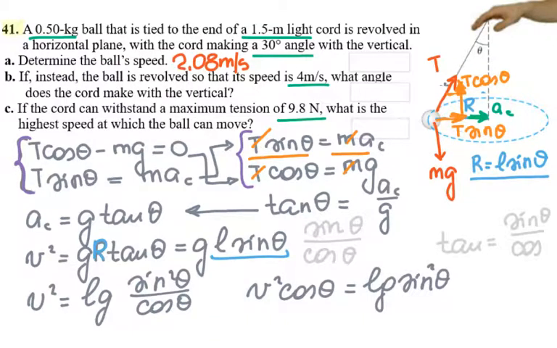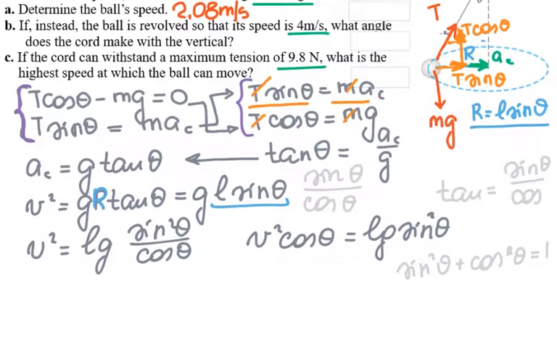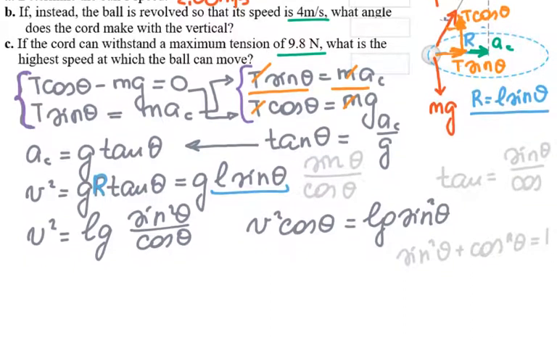Now I'm going to use another trick: sine squared theta plus cosine squared theta is equal to 1. I know you have seen these types of equations before in your trigonometry or pre-calculus class. So now I'm going to replace sine squared theta with 1 minus cosine squared theta.